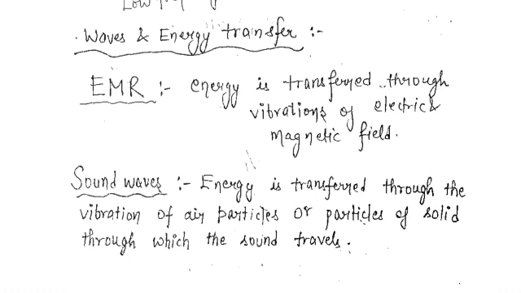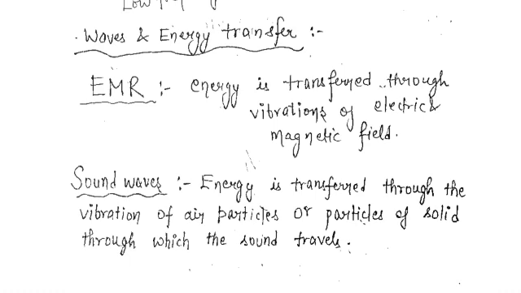For example, when we talk among our friends, whatever sound we make propagates in air and reaches the other people. How does it reach? It reaches by vibration of the particles or molecules present in the air.